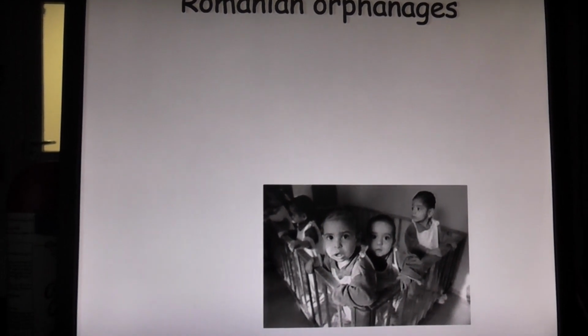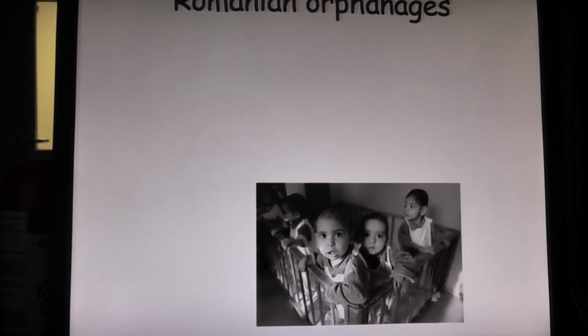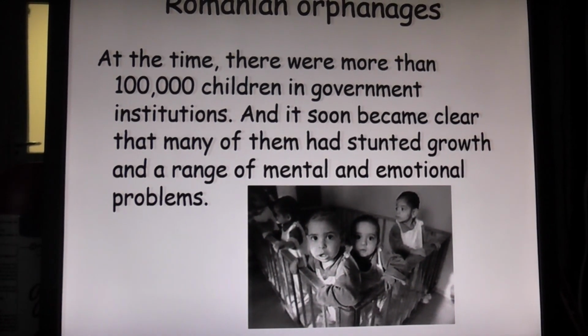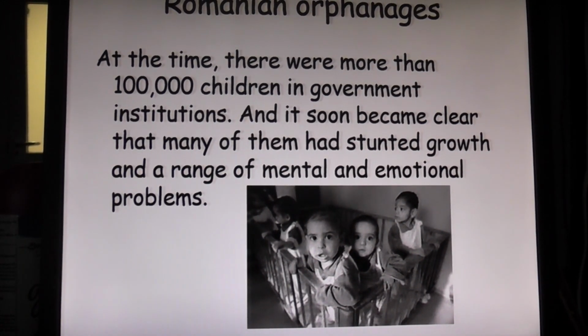The Romanian orphanages were places where children were underdeveloped and were not cared for properly. They did not have proper maternal care in any way. They would have up to 50 carers or nurses at a time. And following this, it became very clear that many of the children had stunted growth and a range of different mental and emotional problems.